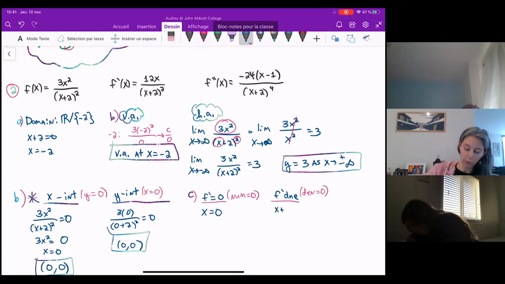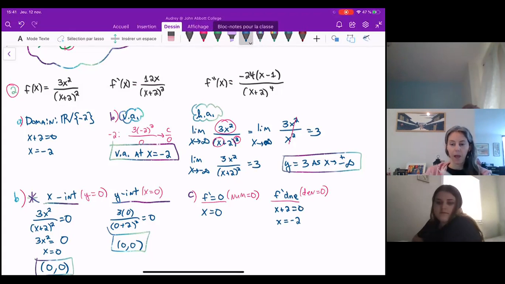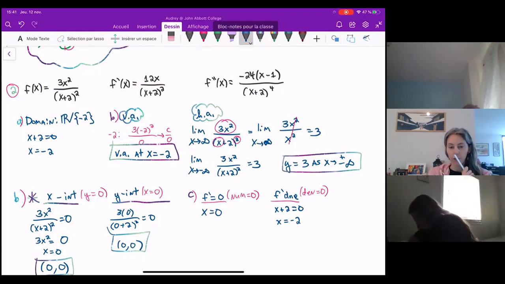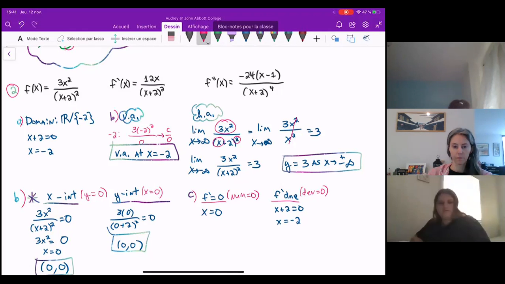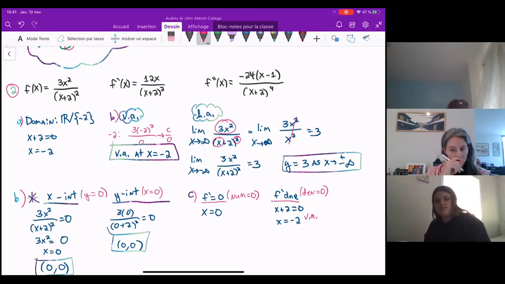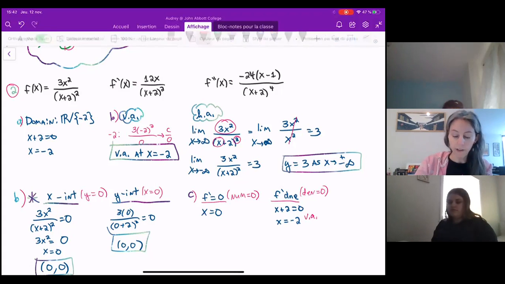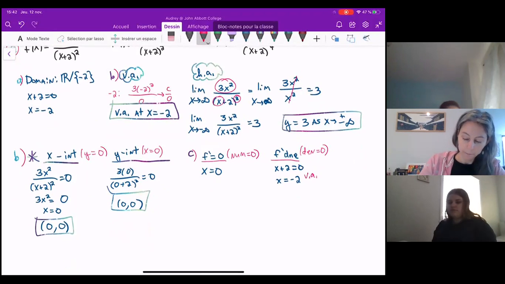So that's x plus 2 equals 0, which gives me negative 2. And what do I already know about negative 2? It's a vertical asymptote, you got it. So that's definitely not going to be a max or a min, but it is going to go in my table of values.